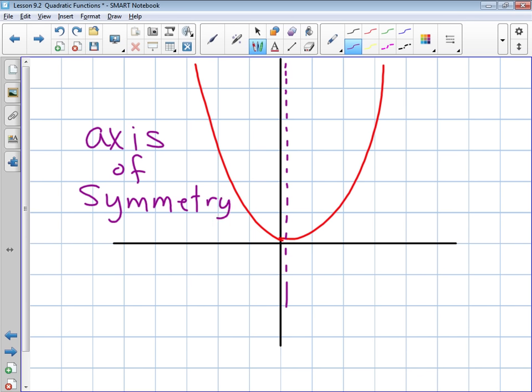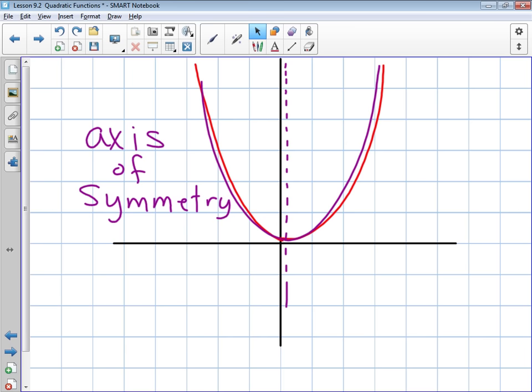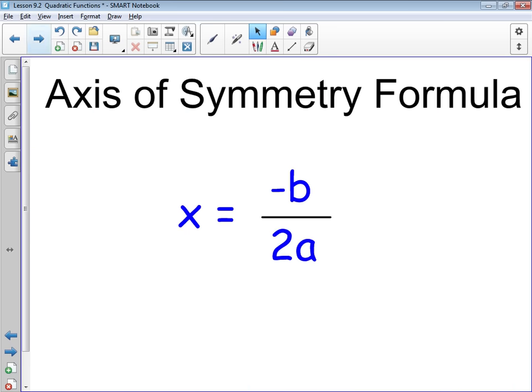And the axis of symmetry just cuts the parabola in half and creates mirror images. The left side is a mirror image of the right side.